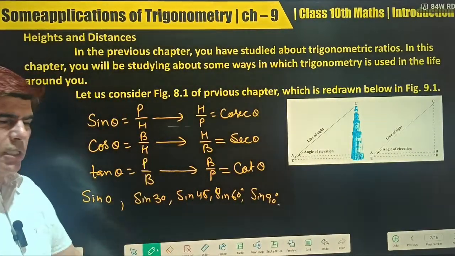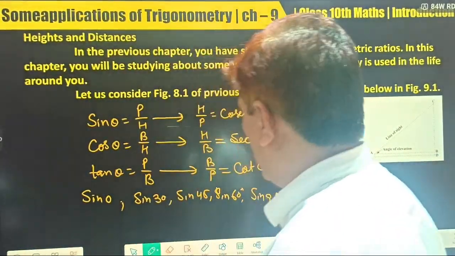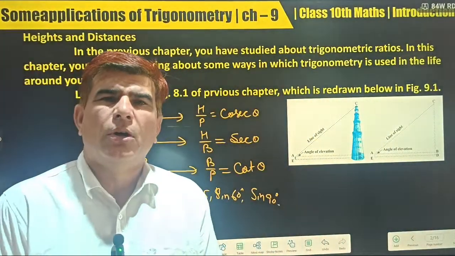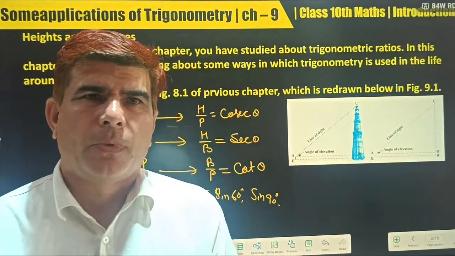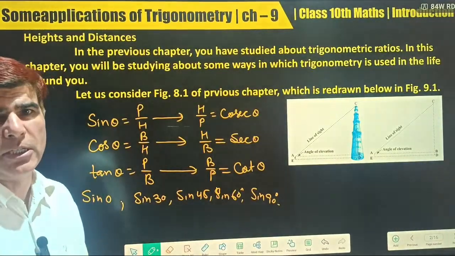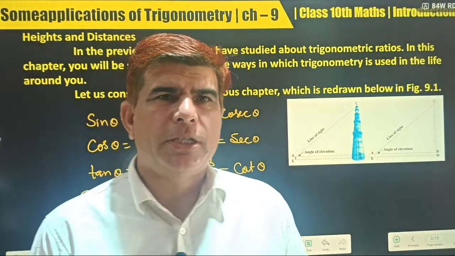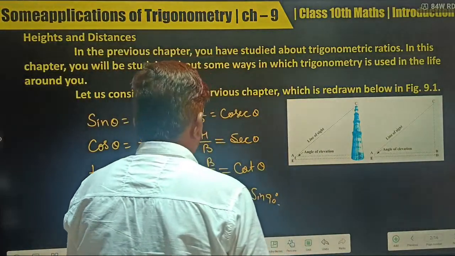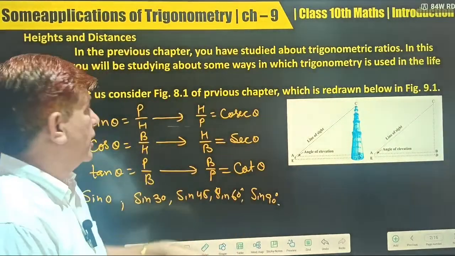And with the help of this, we can find out the remaining trigonometric ratio values also at 0 degree, 30 degree, 45 degree, 60 degree, and 90 degree. If you don't know, you can check my previous lectures which are given on our channel. But in this chapter we will read about some application of these trigonometric ratios.